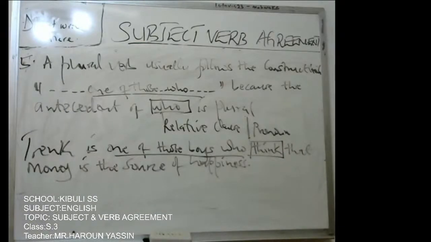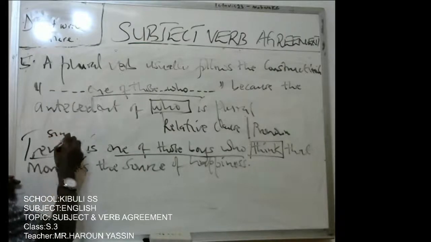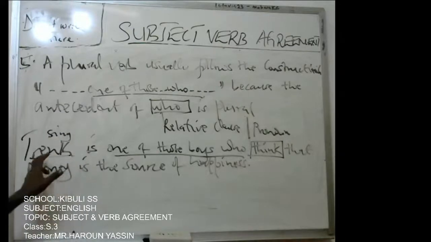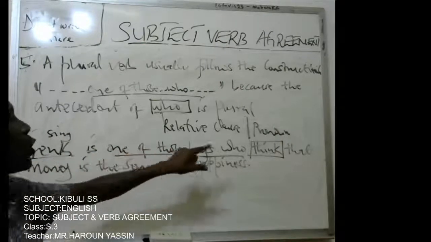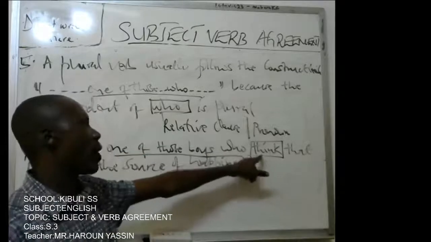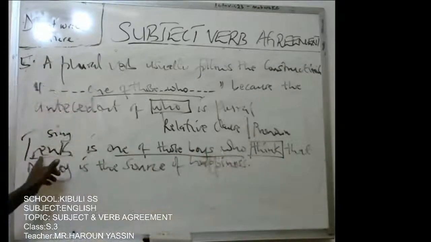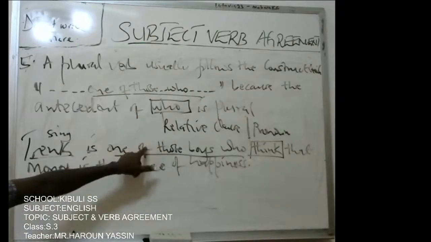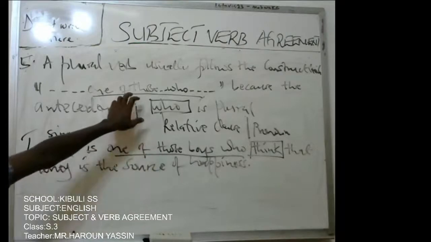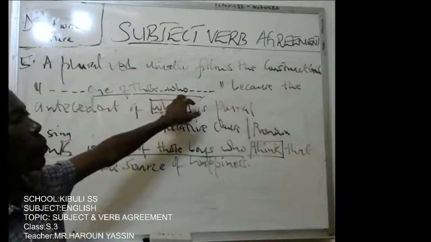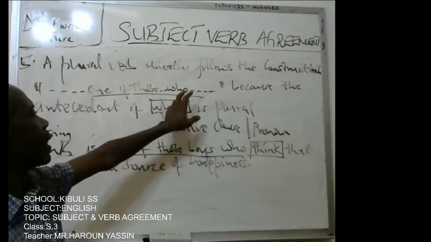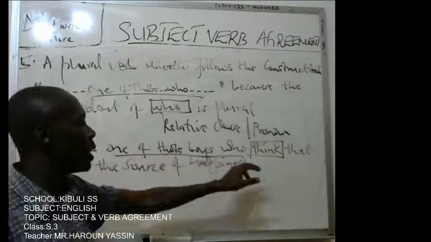Much as Trank is singular, we are not going to use a singular verb, because what is governing us now is not the subject Trank, not this noun. It is the construction which includes the word "who," and the antecedent of "who" has got to be plural.